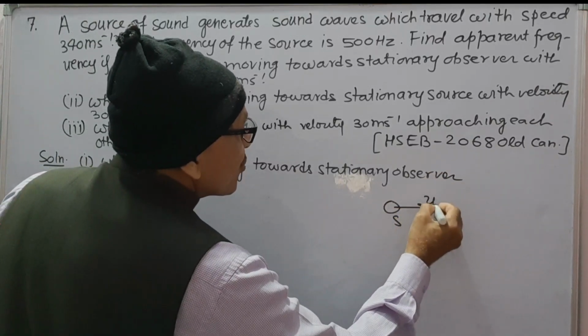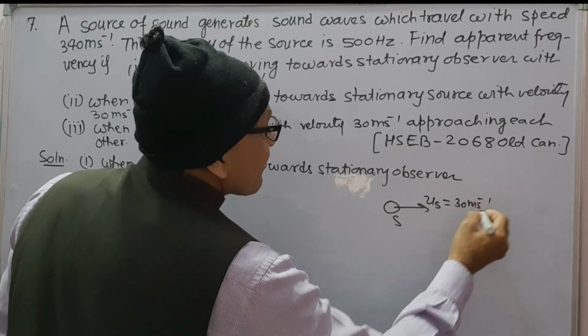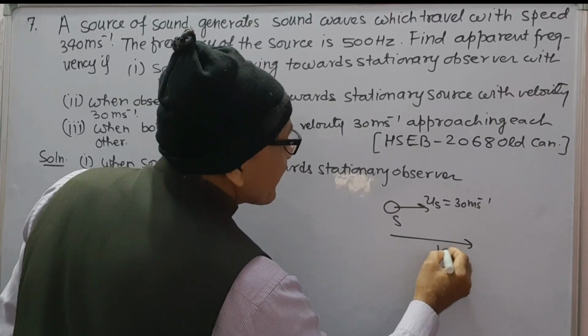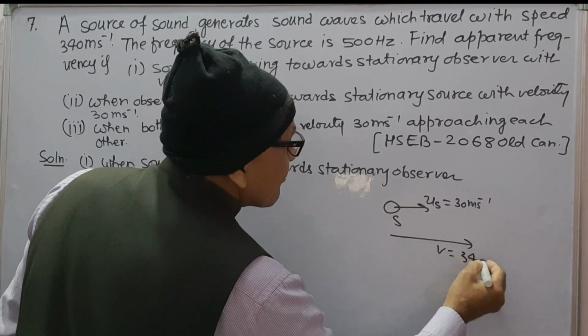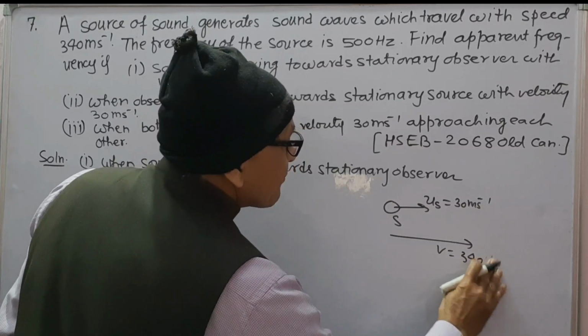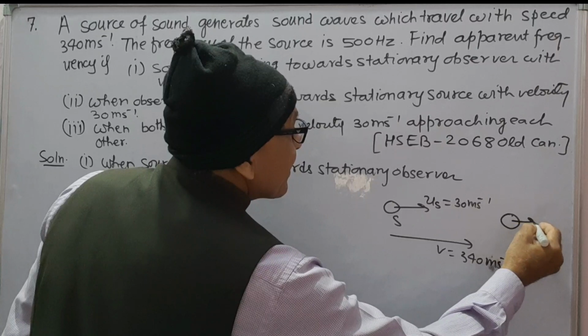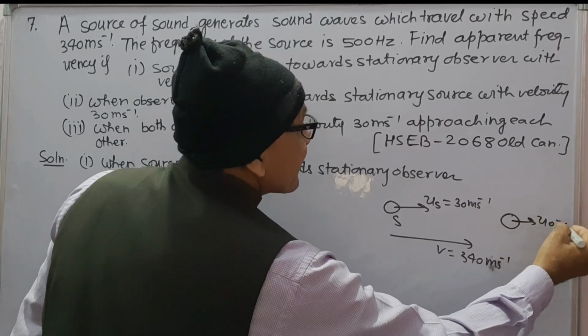Source us is 30 meter per second. Sound will be moving this way, 340 meter per second. Observer is at rest, stationary.